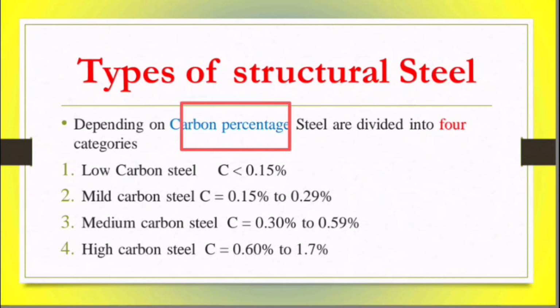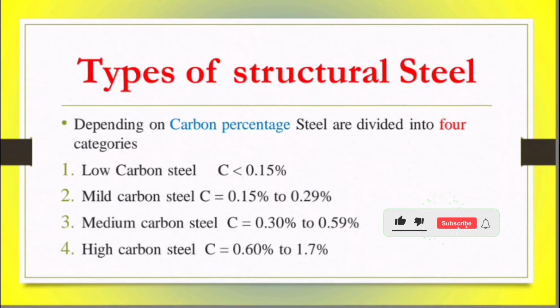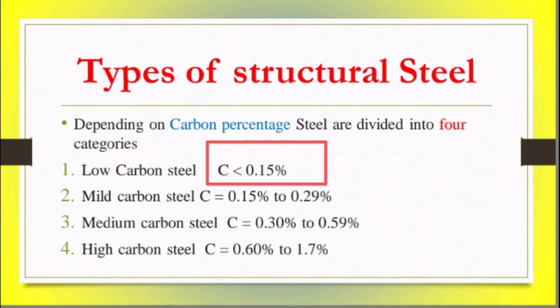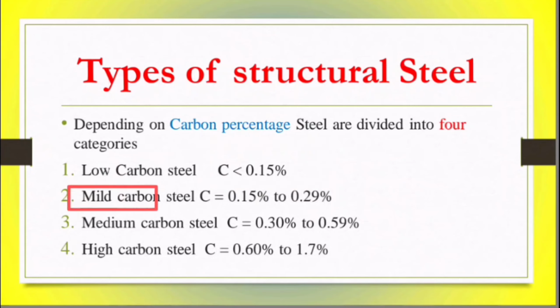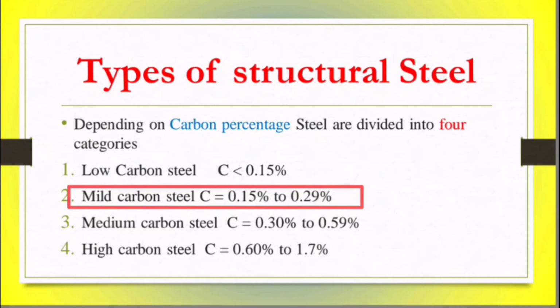Number 1 is low carbon steel. When the carbon percentage is less than 0.15%, the steel is called low carbon steel. The most used steel is mild carbon steel, when the carbon percentage lies between 0.15% and 0.29%.